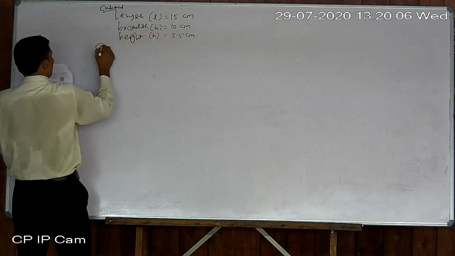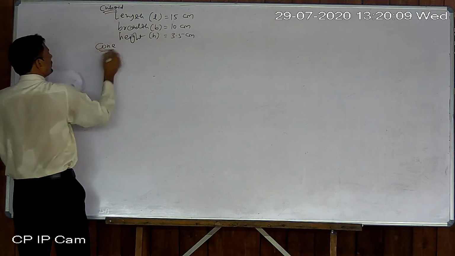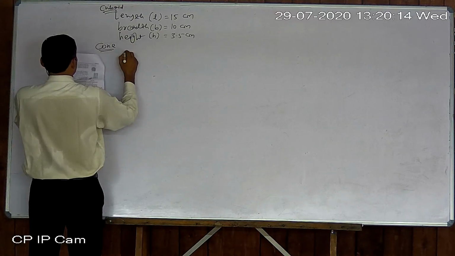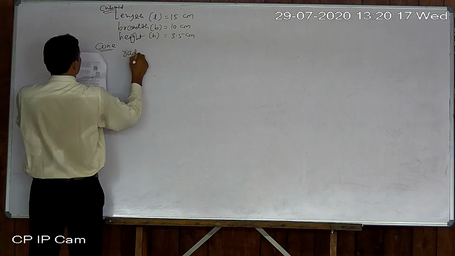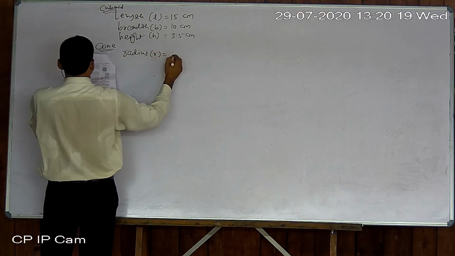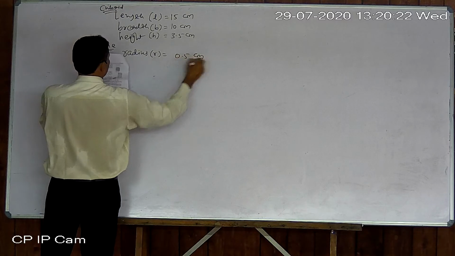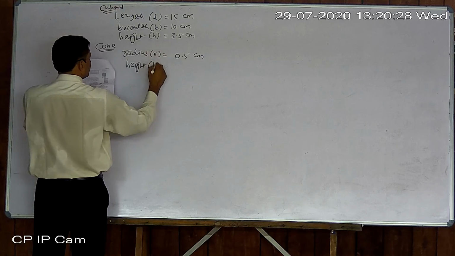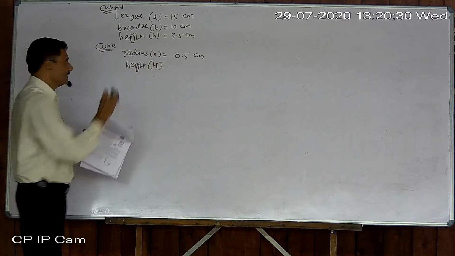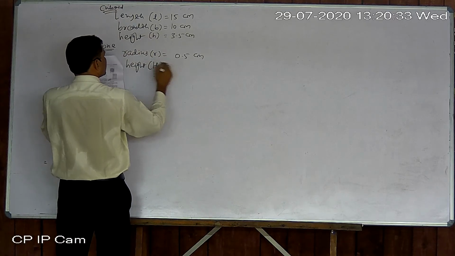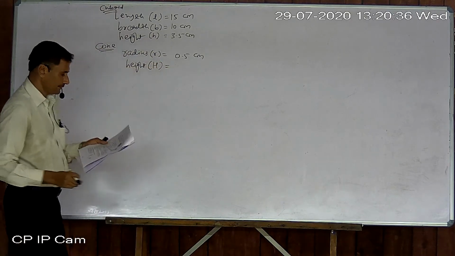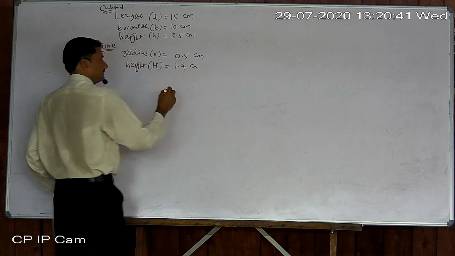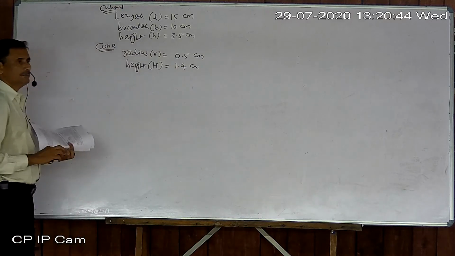Now under the heading of cone, radius r is equal to 0.5 centimeter, and height. But height is coming a second time, so I keep capital H, otherwise H1, H2, H prime; anyway, just use a different symbol here. So H is 1.4. Depth or height are both the same for us. So all measurements are written here.